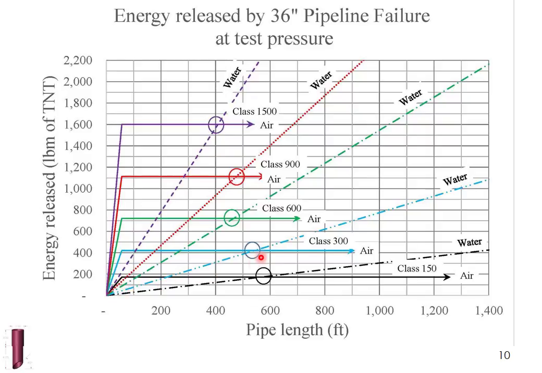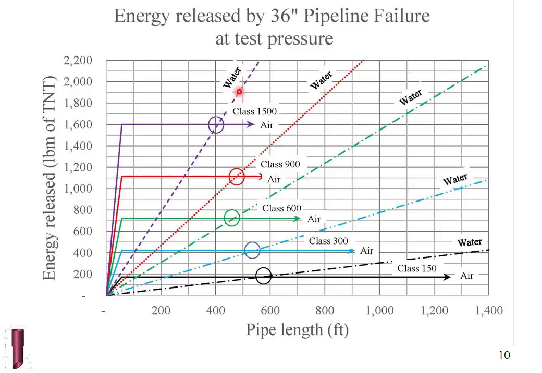But if I go out to 500 feet, then I start making a different decision. So if I've got a piece of pipe longer than about 500 feet, then the air is going to be a lot lower energy than the water if it fails. And it's the same for all of the various classes.